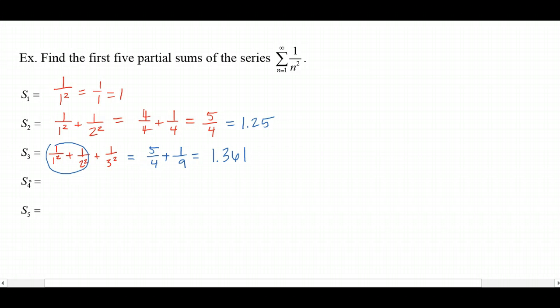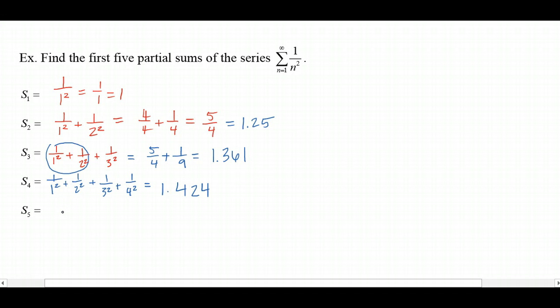1.361. And then when I compute S4, well, S4 is going to be 1 over 1 squared plus 1 over 2 squared plus 1 over 3 squared plus 1 over 4 squared. And if I put all of that in my calculator, I'm going to get 1.424 if I round to the third decimal place.